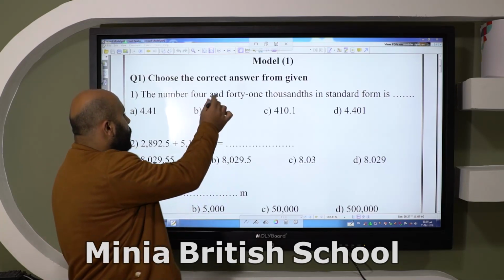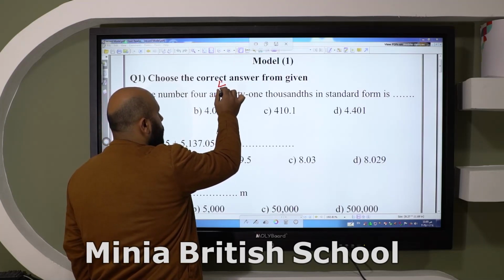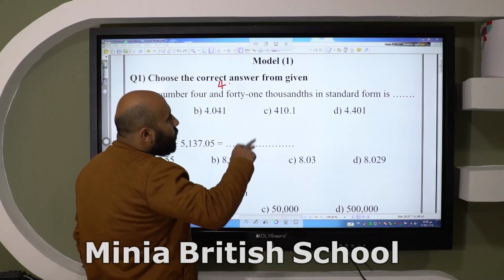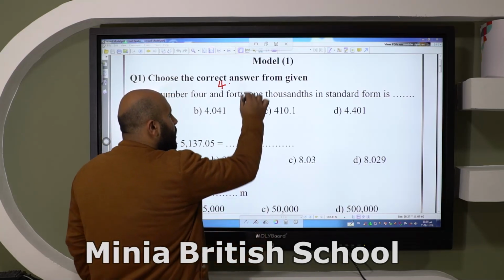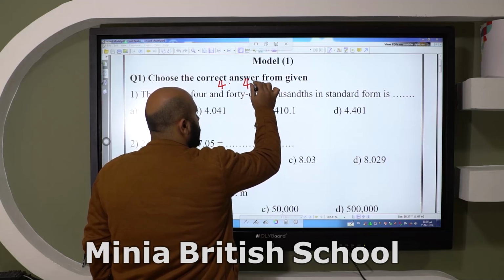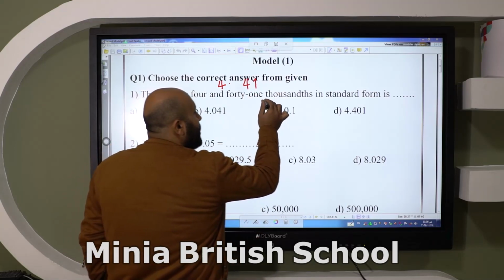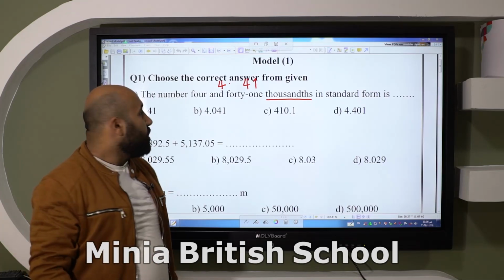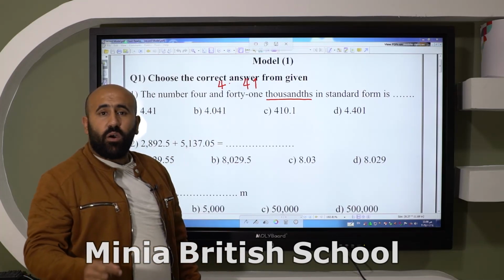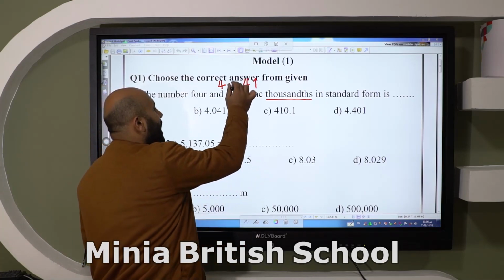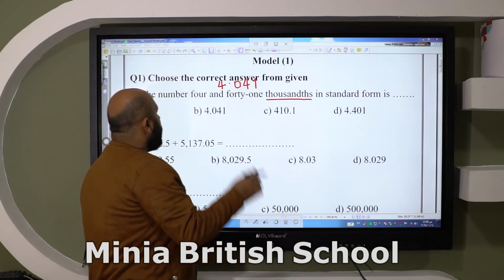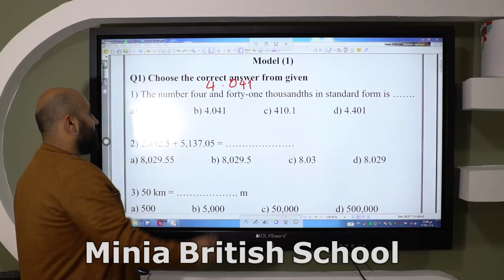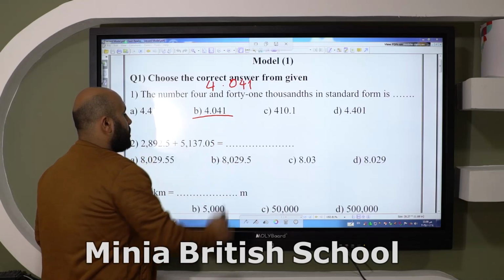By this way, 4, I would write 4, and that means put the point. 41 thousandths, I'll write 41. When he says thousandths, I must have 3 decimal digits. But I have only 2, so I have to put a 0 in the middle. So 4 and 41 thousandths equal 4.041. I will choose the second choice, B.